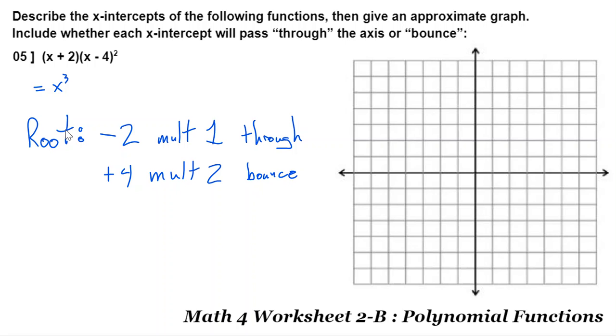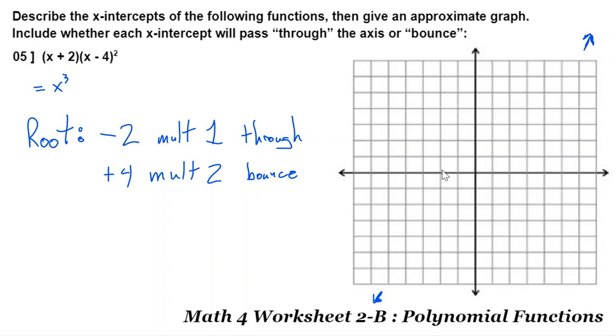So we're either going to have positive and even or positive and odd. In this case, it's positive and odd, which means that I know that my endpoints are going that way and that way.